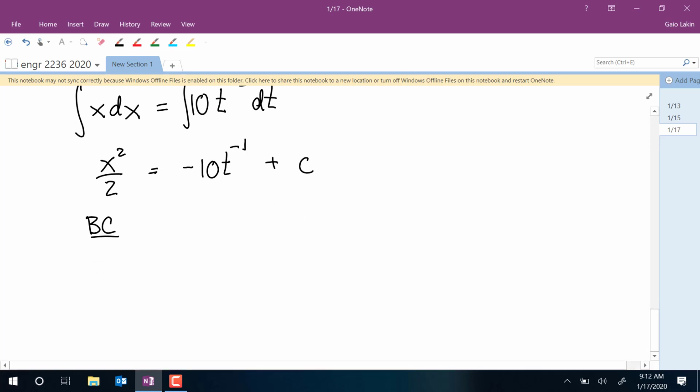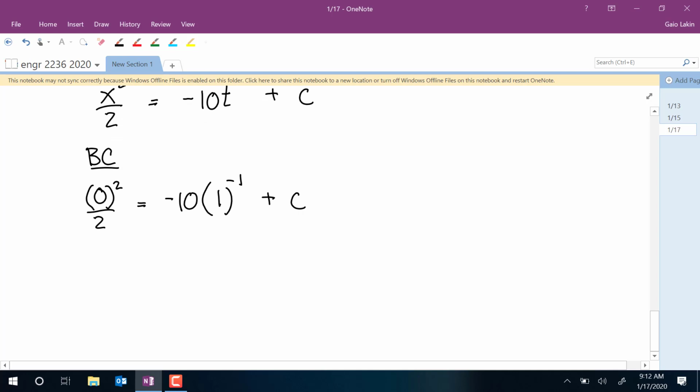So plug those into this equation and you get 0 squared over 2 is equal to negative 10 times 1 to the negative 1 plus c. And so you get c is equal to 10.